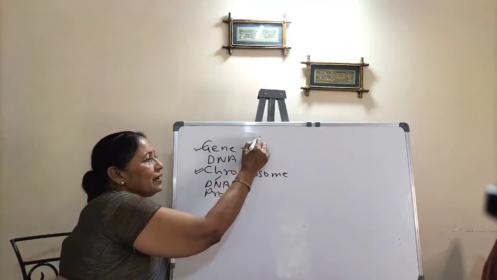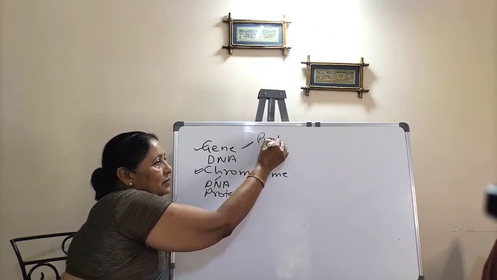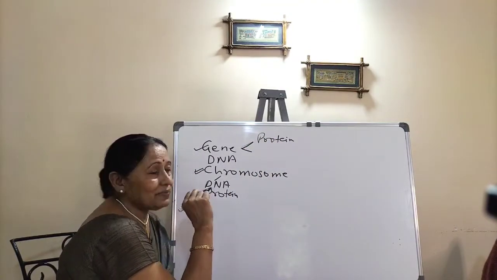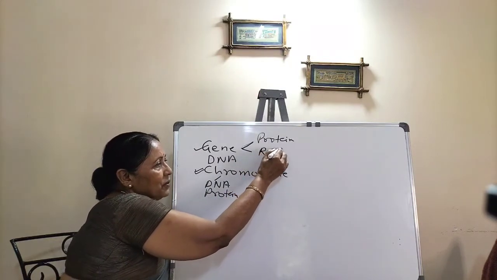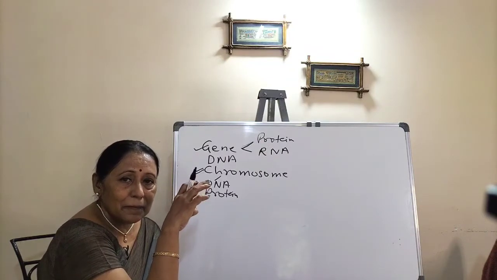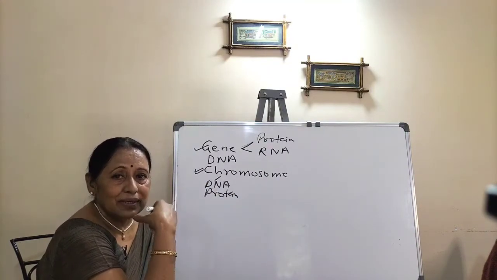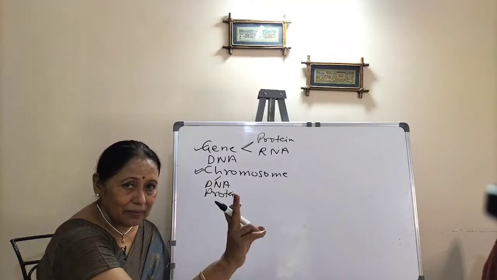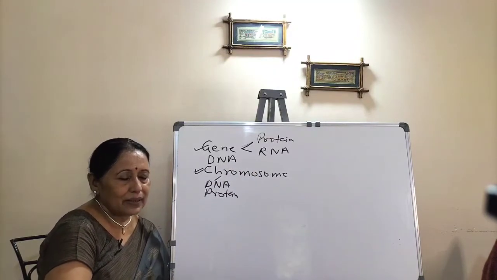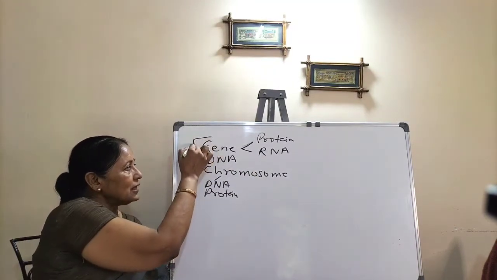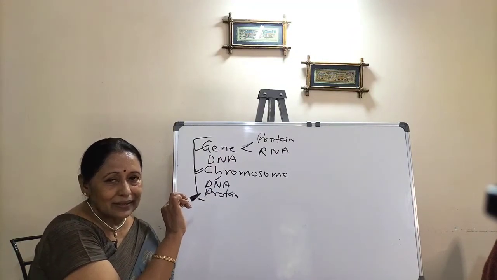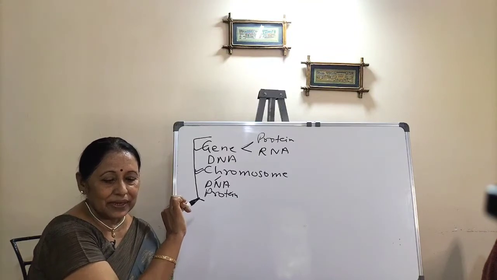Yes, of course, they control the formation of proteins, which are enzymes, as well as they help in formation of RNA. Like tRNA, rRNA, they do not further produce any proteins. But if they are producing mRNA, then it will express itself in the form of protein. So I hope your concept about what is gene, DNA and chromosome is clear. Let us move to the next one.